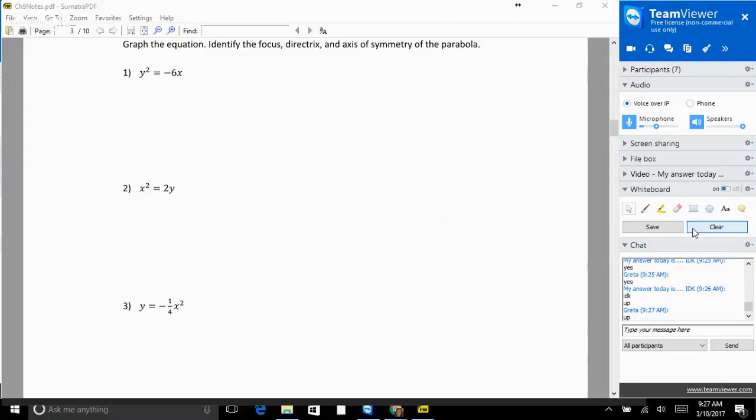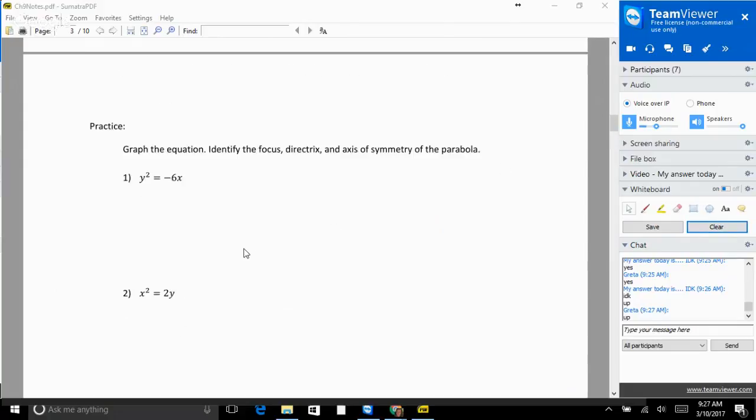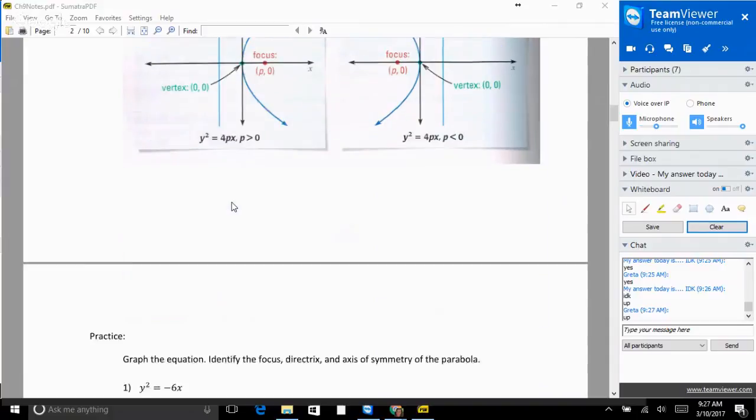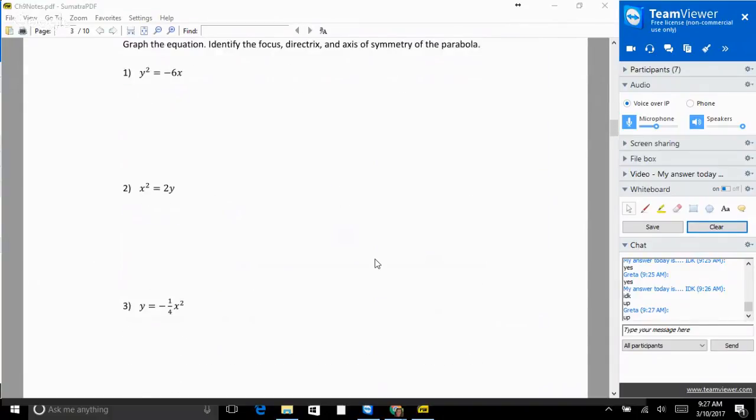This is kind of our standard equation parabola, right? And if you need your reference chart, you can go back up here. So this looks like x squared equals 4 times p times y. Okay, so x squared equals 2y.